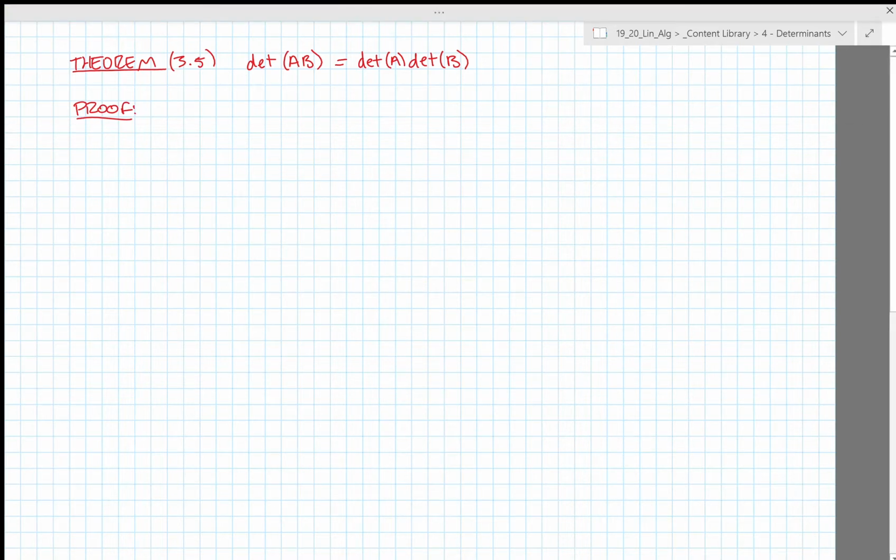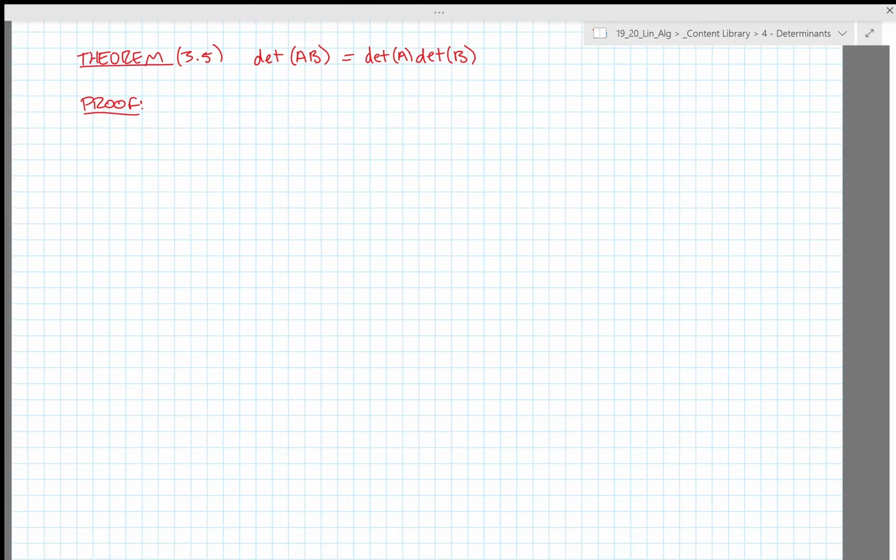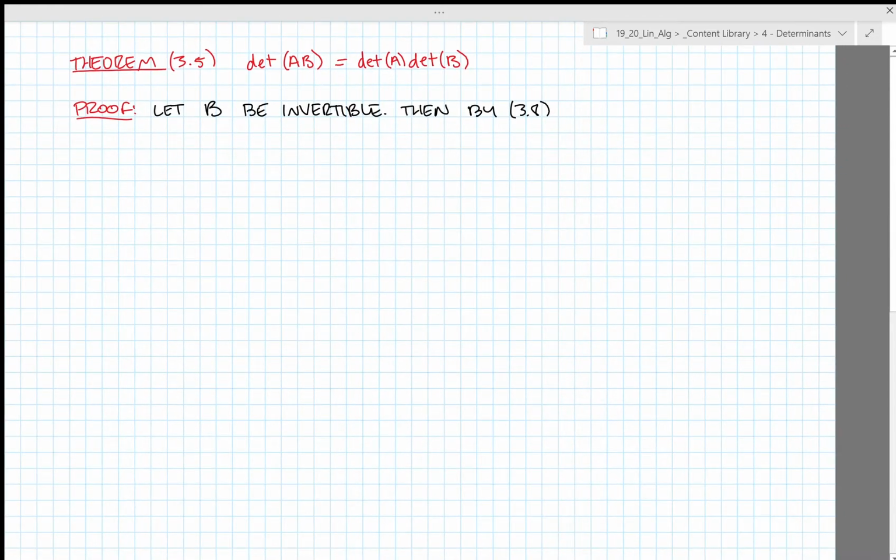Okay, well, if anybody remembers from way back at the beginning of the year, we're going to do this by cases. We're going to say, okay, let B be invertible. So we're going to assume that B has an inverse, right? Okay, then by 3.8, we can write B as the product of elementary matrices.